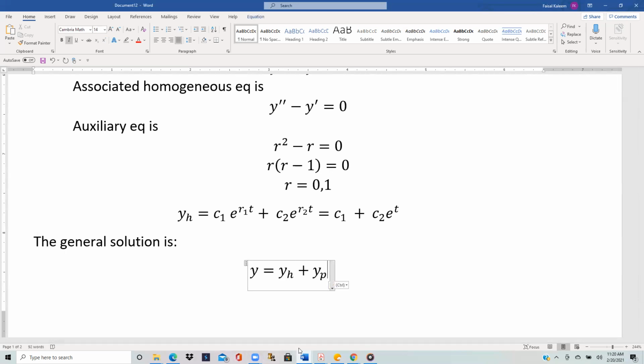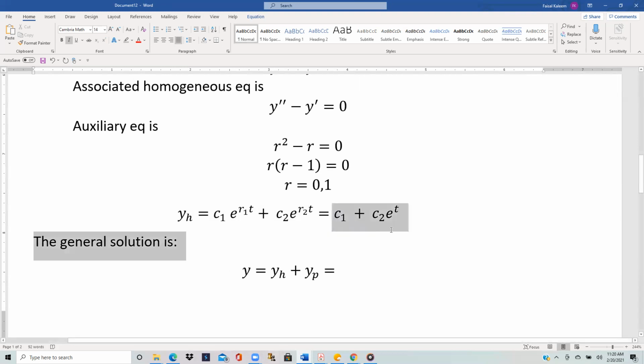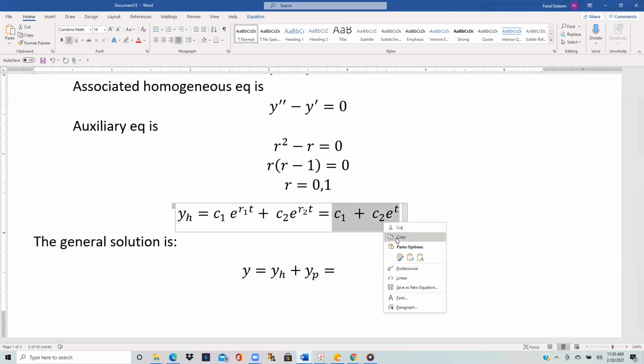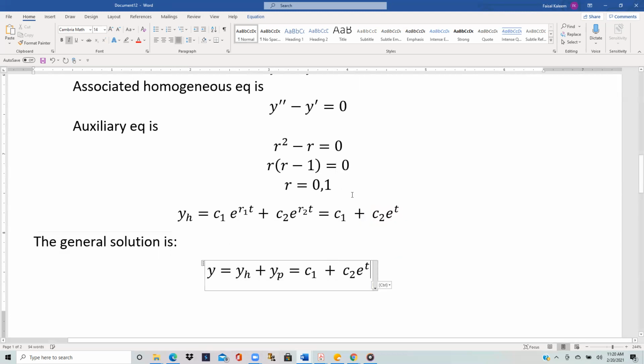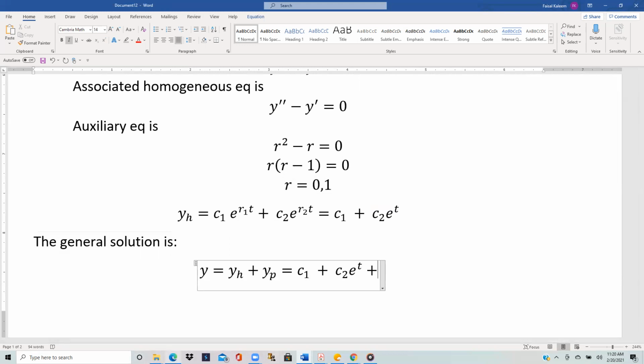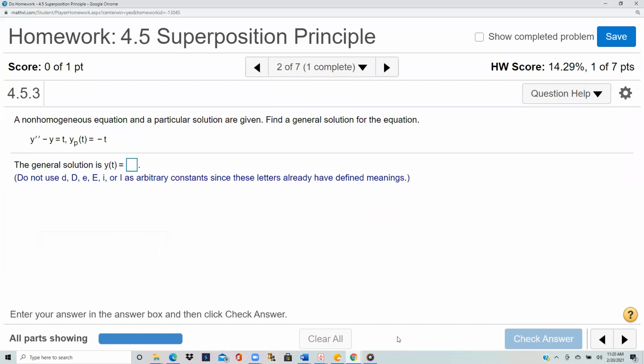And that will be equal to yh is this one, plus yp, they gave us in the problem. So we didn't have to work for that. yp they gave us to be negative t.